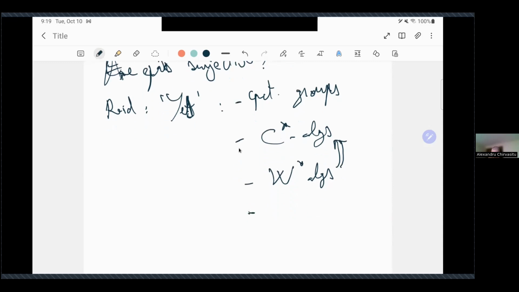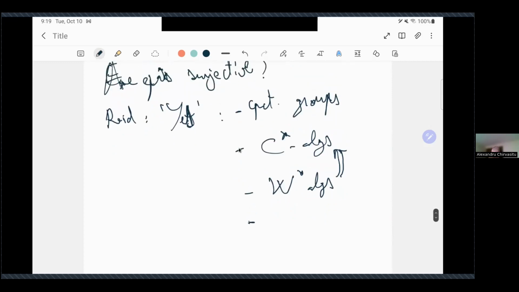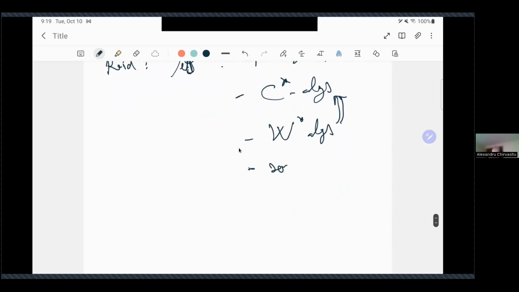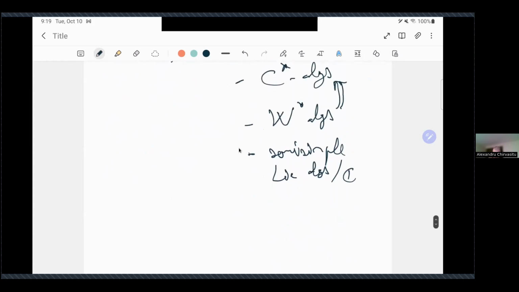A number of other cases, semi-simple Lie algebras, semi-simple complex Lie algebras. That's a category, right? Semi-simple Lie algebras. Few other cases I want to mention.